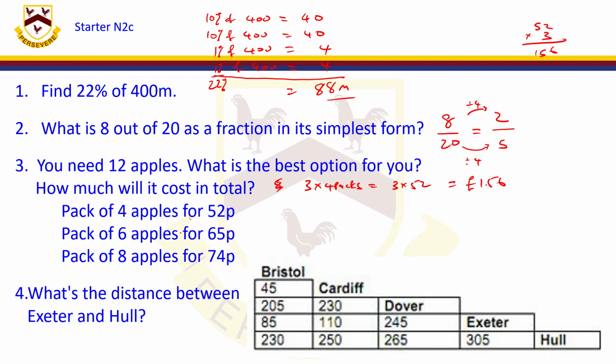We could do 2 packs of 6. So if we double 65, we should get £1.30. So we'll carry 1. £1.30. That's the cheapest so far. We could do an 8 pack and a 4 pack.